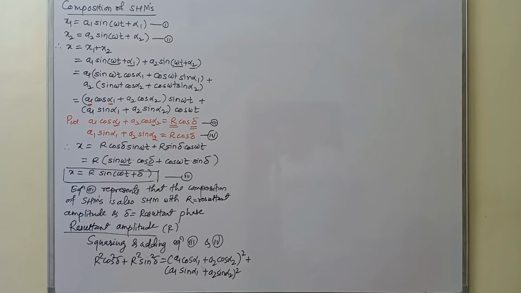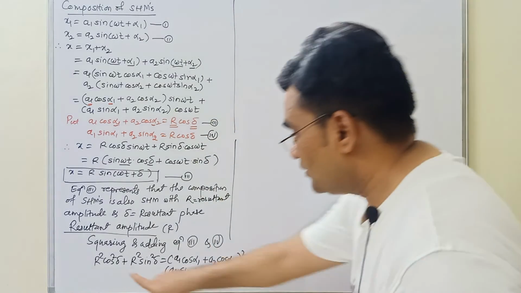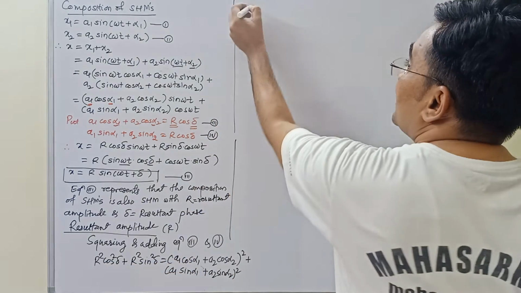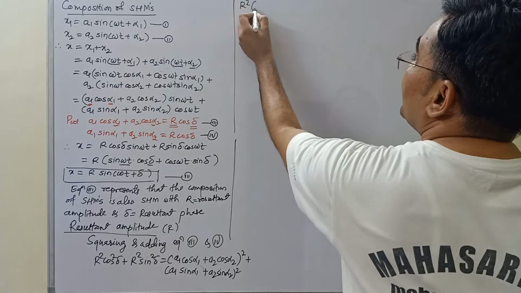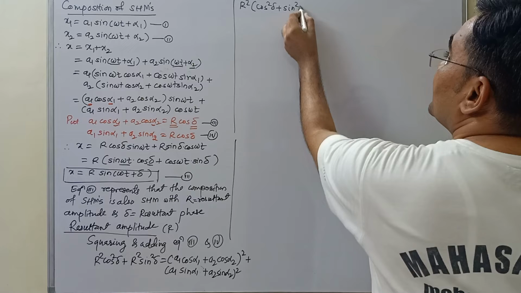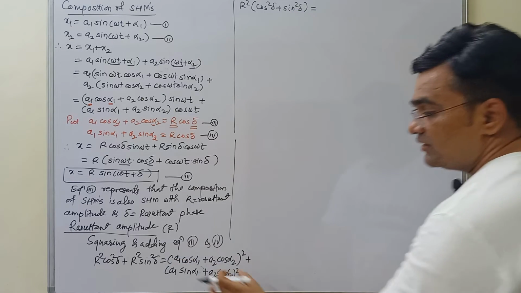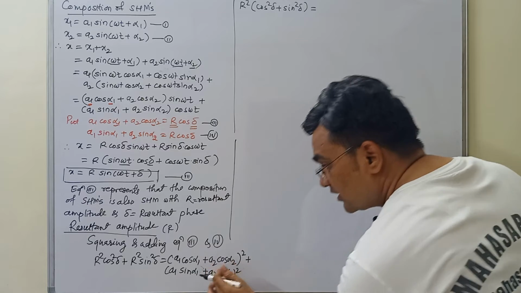Okay. Now simplify the steps. Just make the square of the bracket. R square is common. What we will get in bracket? Cos square delta plus sin square delta is equal to, squaring A square plus B square plus 2AB.